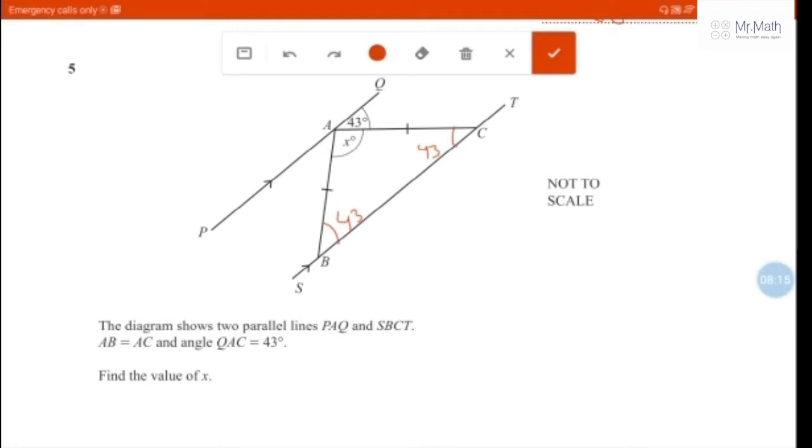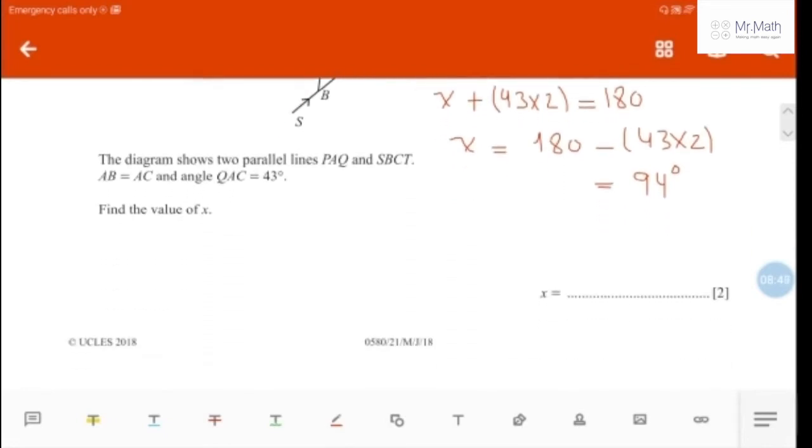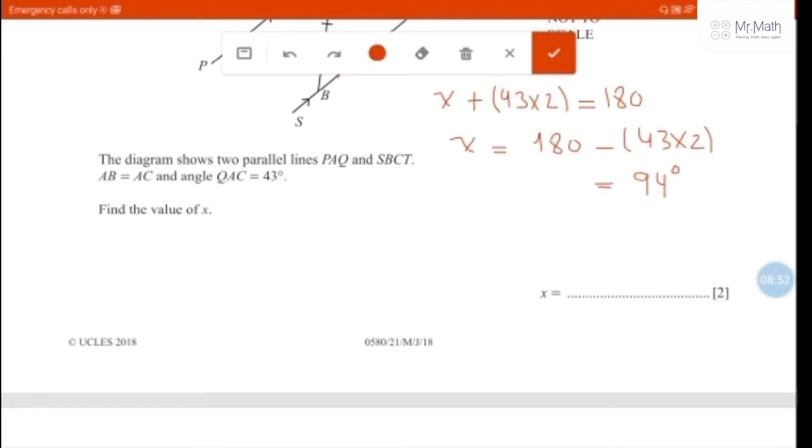So x plus 43 times 2 is equal to 180. So x is equal to 180 minus 43 times 2. And the answer is equal to 94 degrees. So the value of x in question 5 is 94 degrees.